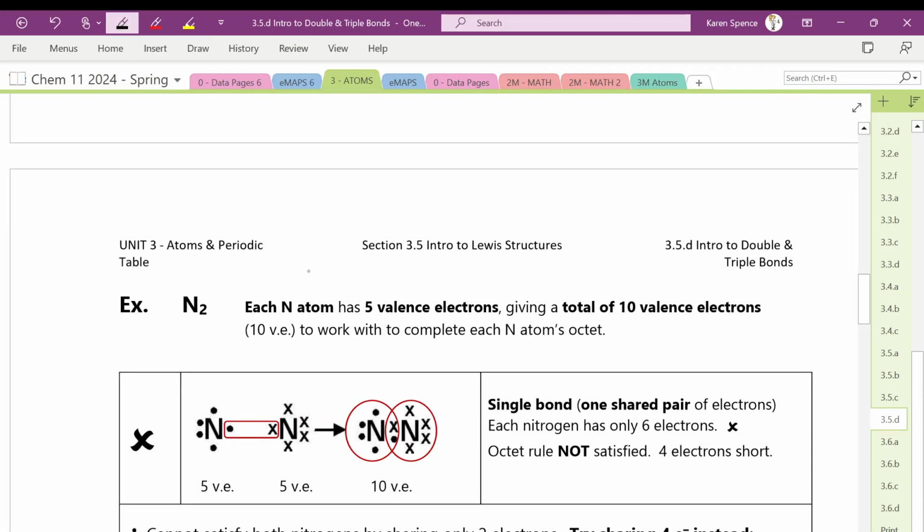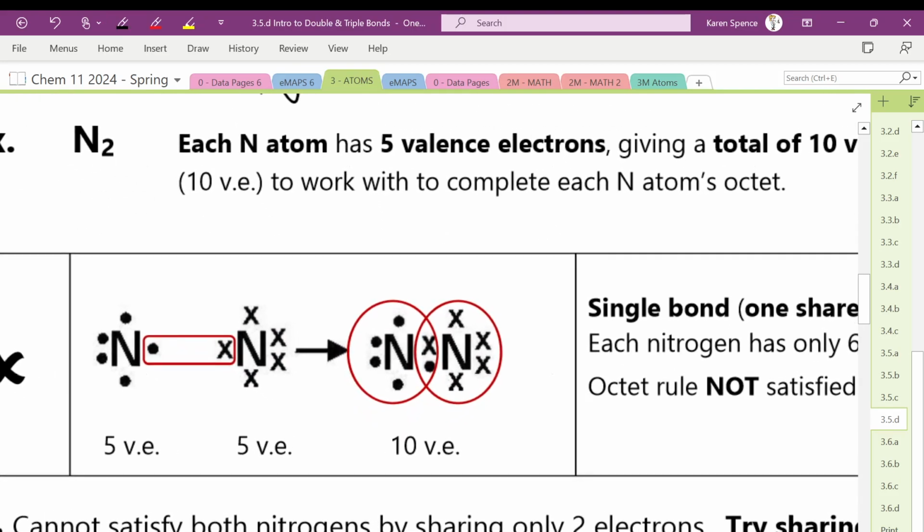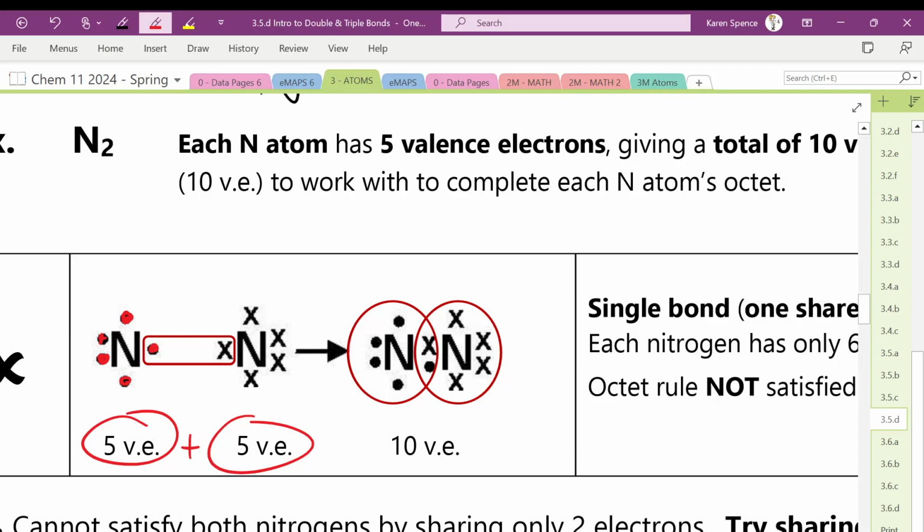Now, we also know that nitrogen is a diatomic. Yes? Nitrogen, diatomic. So here's our nitrogen. Each nitrogen starts with 1, 2, 3, 4, 5 electrons. So our final structure should have how many electrons? 5 electrons and 5 electrons gives 10 electrons. So we're only allowed to have 10 electrons in our final structure.